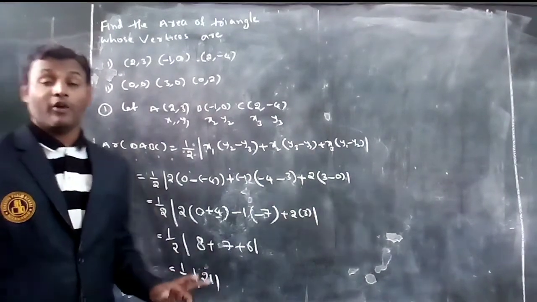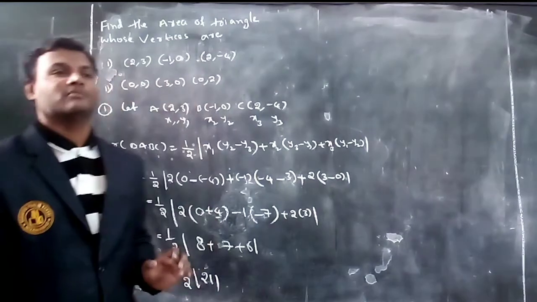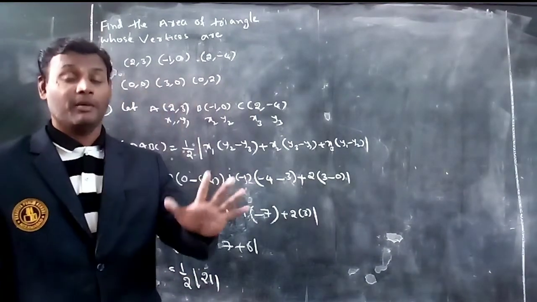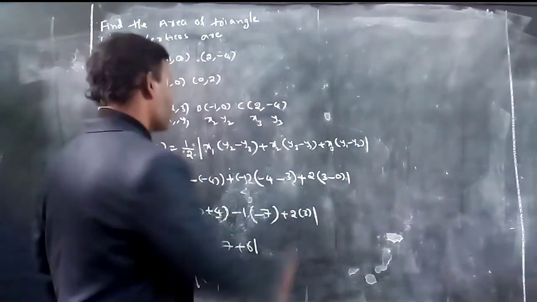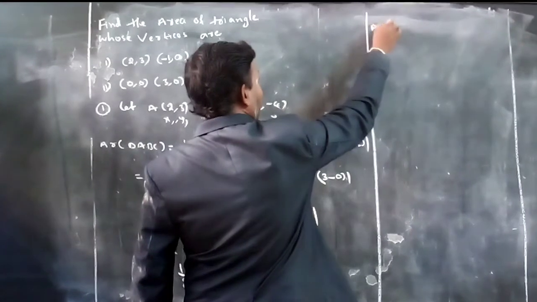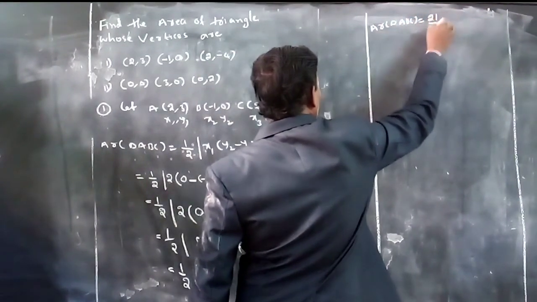Here one important point: modulus of a number never becomes negative. It means area of triangle ABC is equal to 21 by 2.